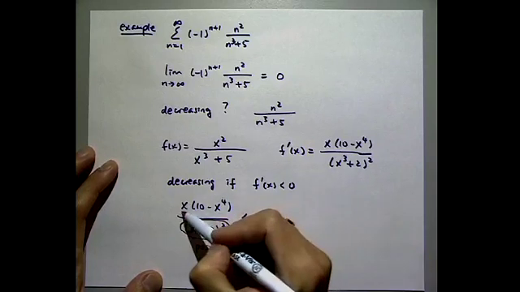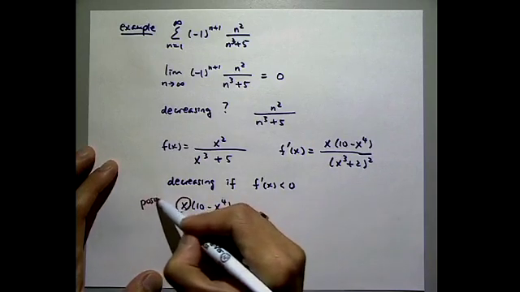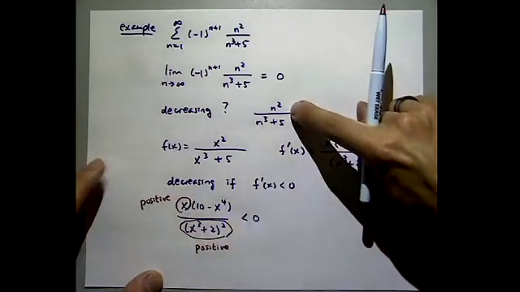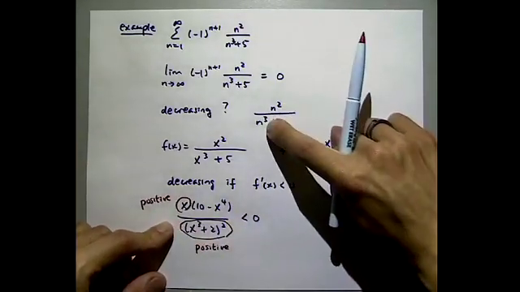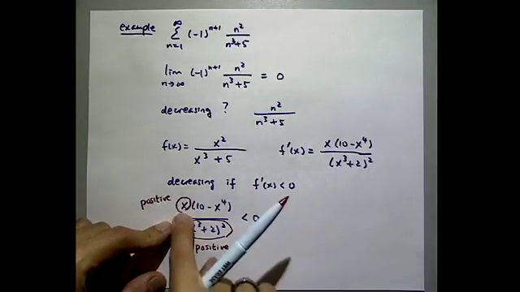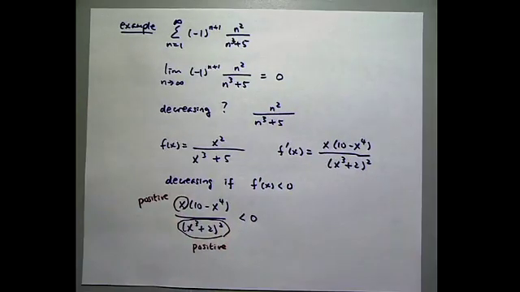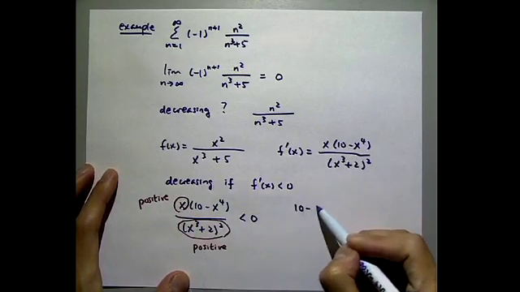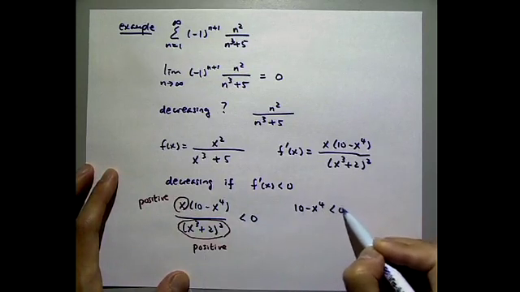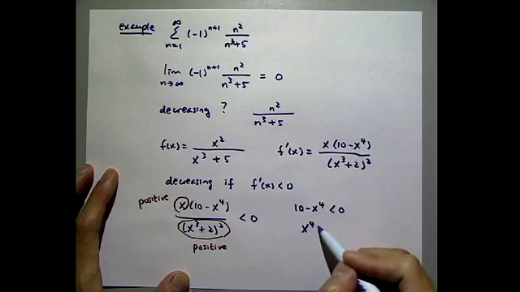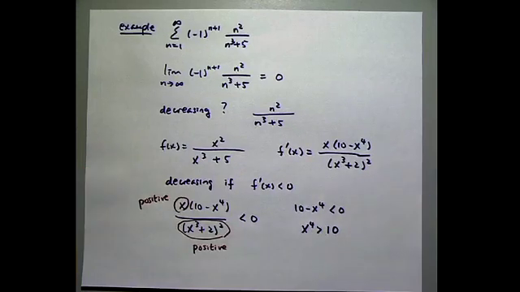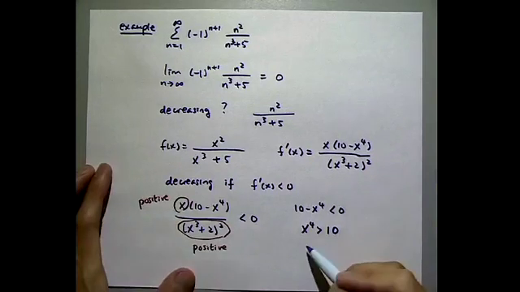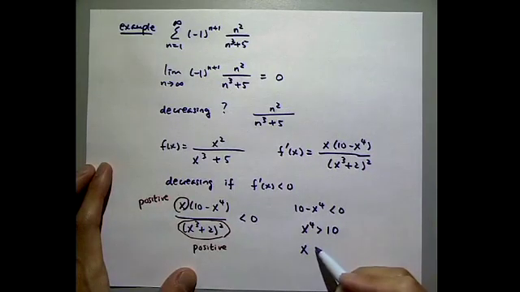And x is always positive, too, because the n's are always positive: 1, 2, 3, 4, 5, and so on. So these x's are also positive. Therefore, we just need 10 minus x to the 4th to be less than 0, or x to the 4th greater than 10. And that gives you x greater than 1.78.